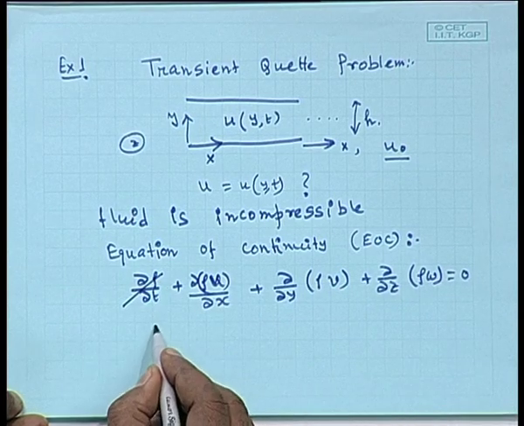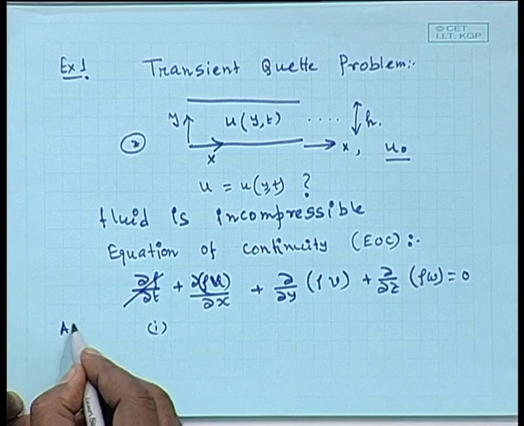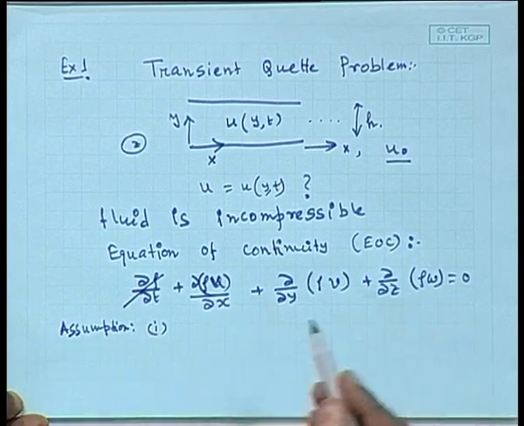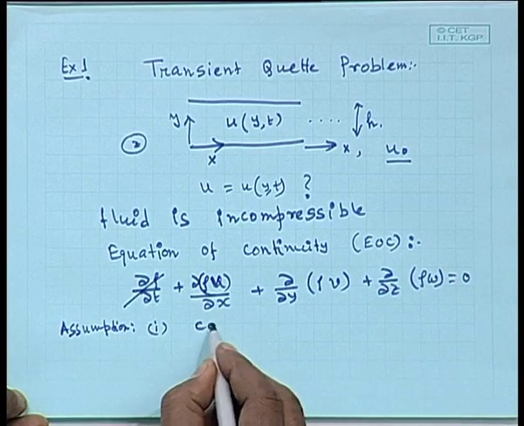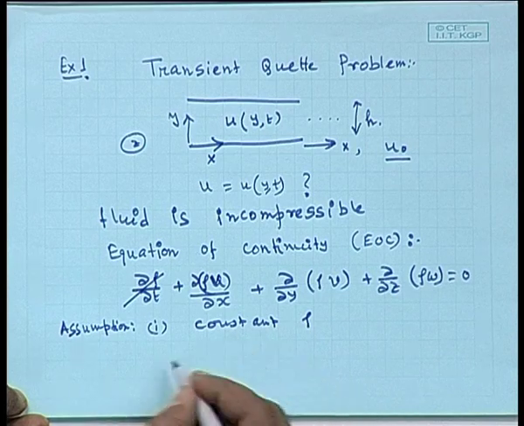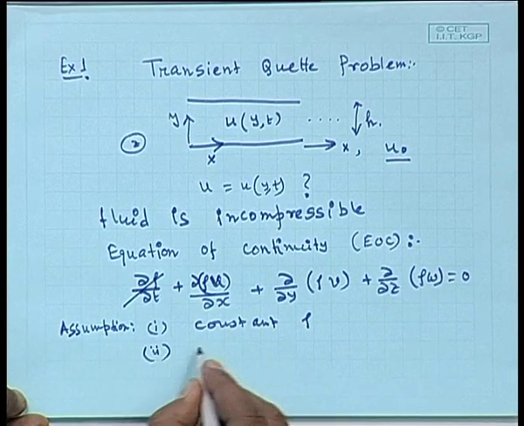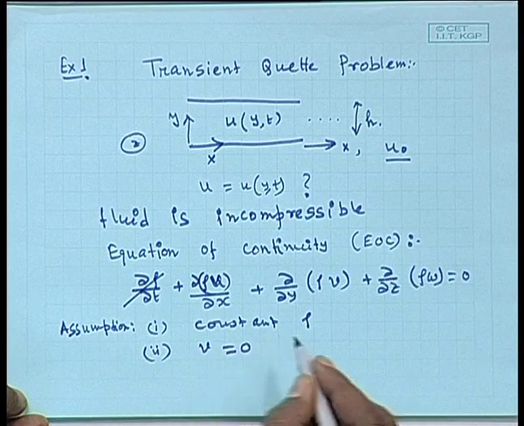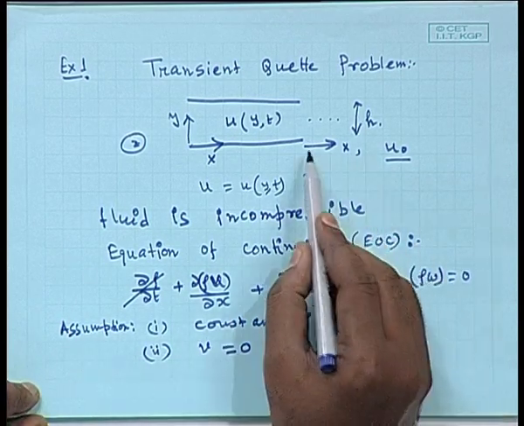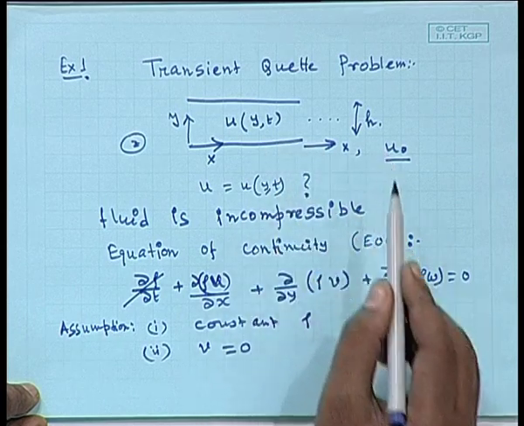You can list the assumptions in this problem and, based on those, simplify the equation. Number 1, constant density. Number 2, the v component is equal to 0, because the motion is induced by the velocity of the wall in the x direction.